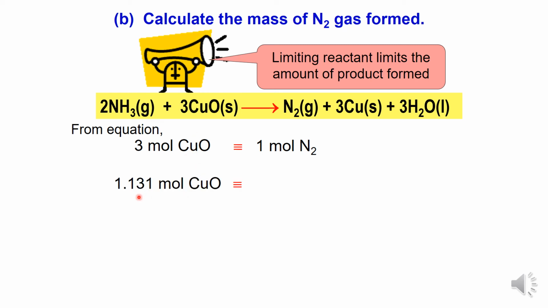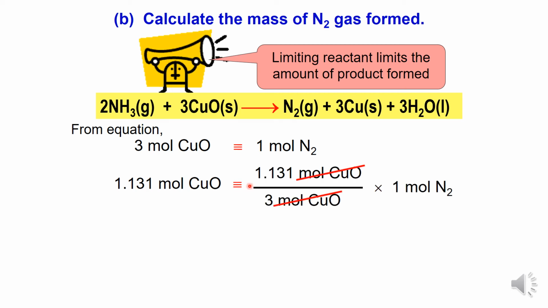If 1.131 mole copper(II) oxide, what mole of nitrogen gas? 1.131 mole copper(II) oxide multiplied by 1 mole nitrogen gas divided by 3 mole copper(II) oxide.